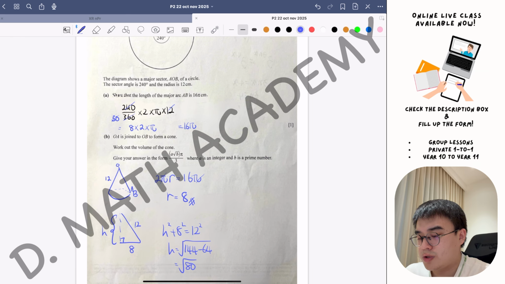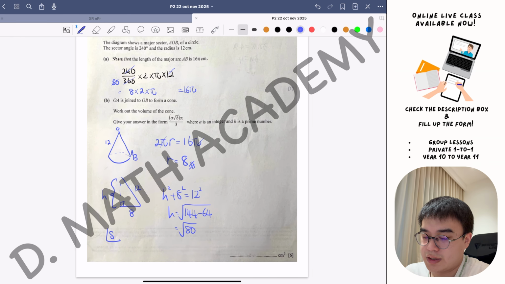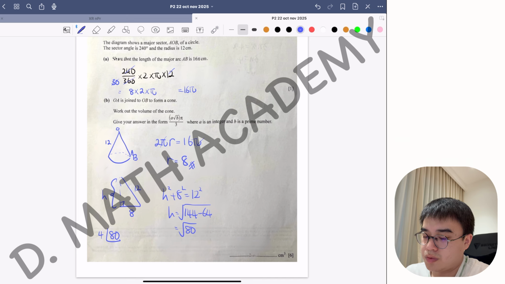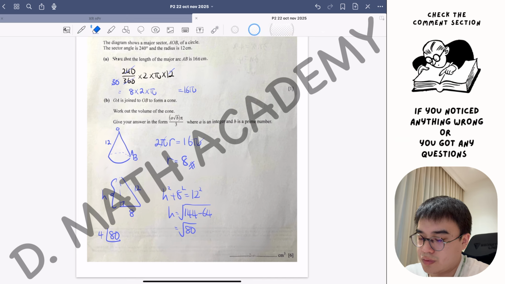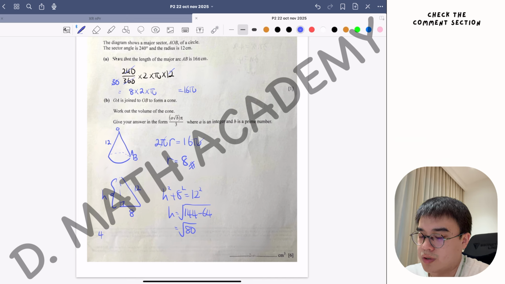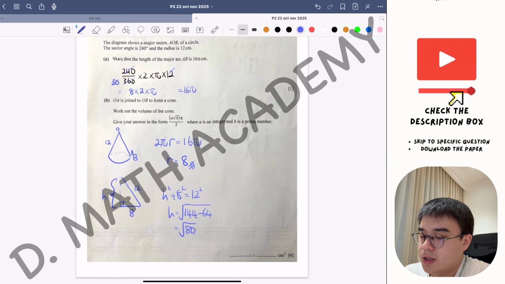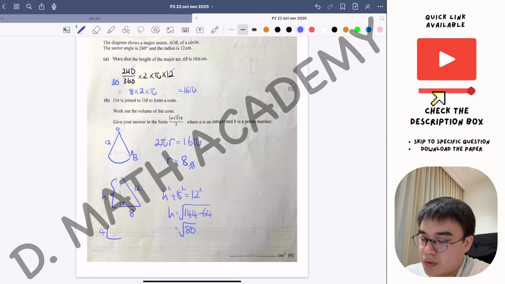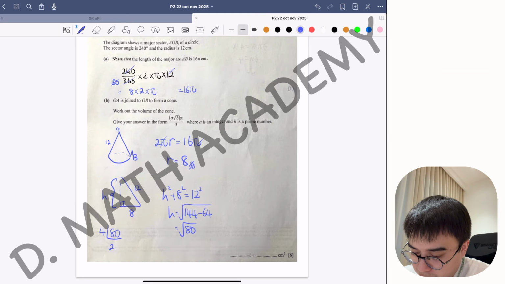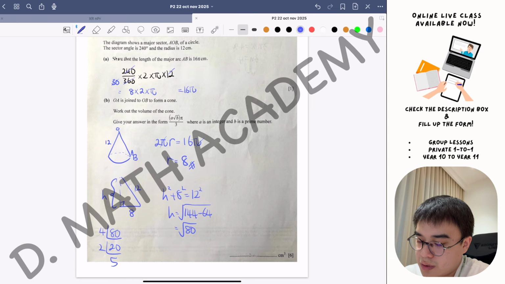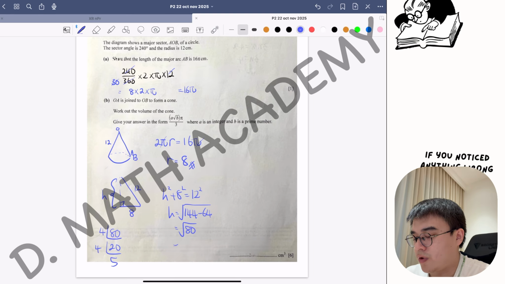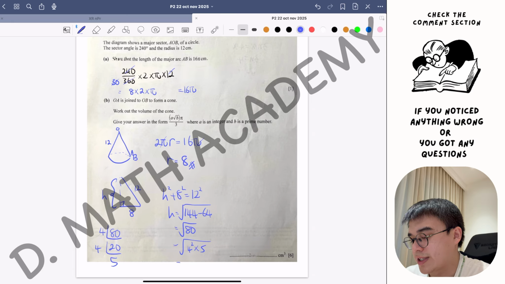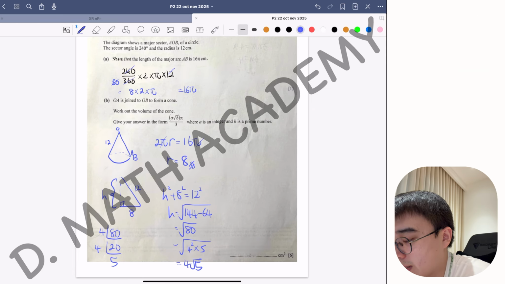Then you have to do square root 80 on the side. Try 20. Oh, okay. For 4 again. So basically it will be 4 squared times 5. So 4 can escape, 5 is still stuck inside.